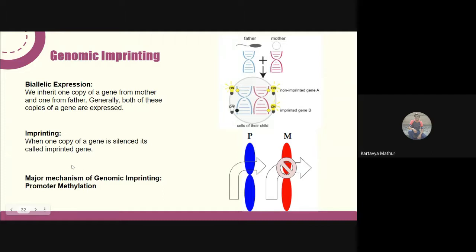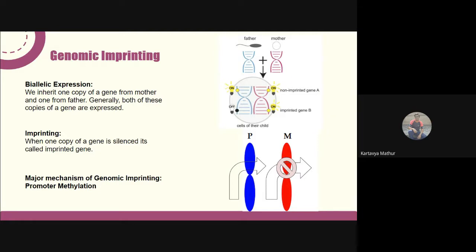The major mechanism by which this occurs is promoter methylation. If you could imagine a broad line, the gene can be divided into three parts. First is the enhancer region, second is the promoter region, and third is the gene itself.